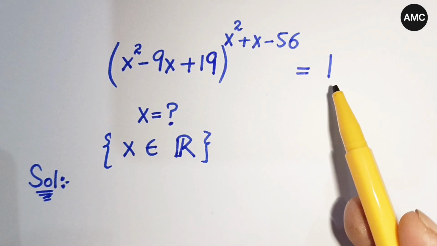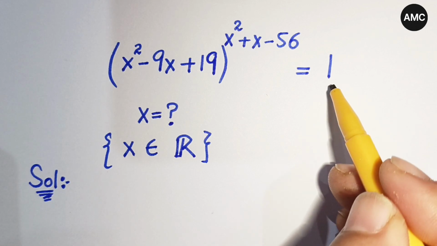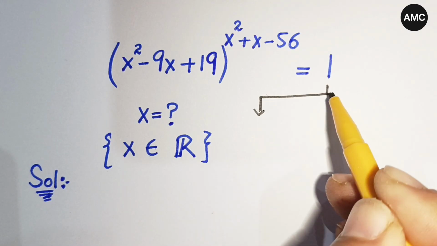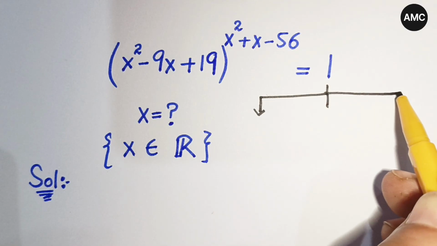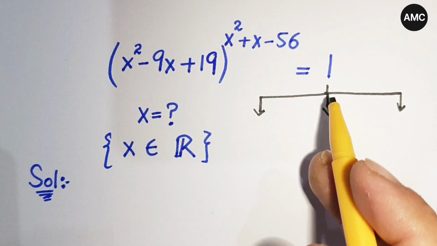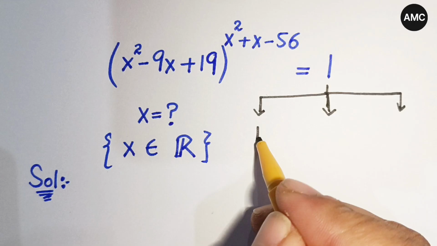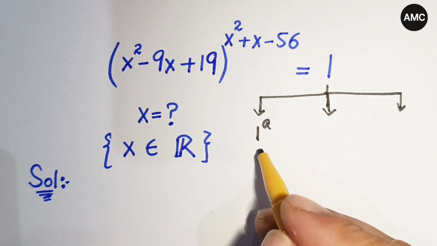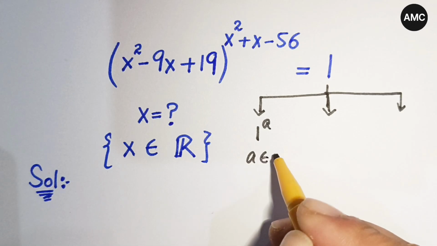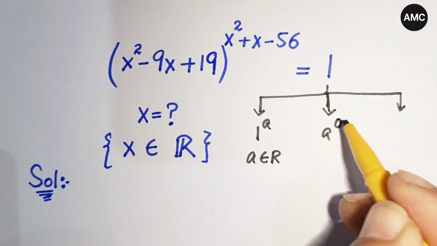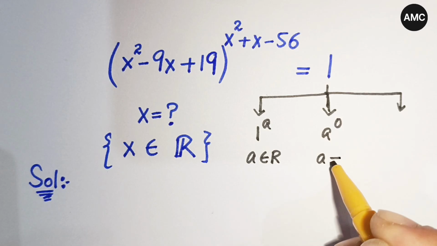First of all, there are three possible cases. If we write 1 to the power a, in our case 1, a is an element of the real numbers. In case 2, a to the power 0, where a is not equal to 0.